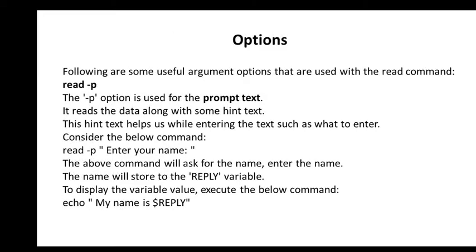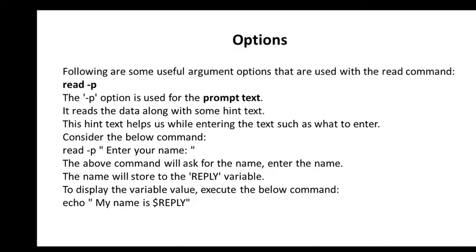Next, what are all the options in the read command? Following are some useful argument options that are used in the read command. read -p. The -p option is used for prompt text. It reads the data along with some hint text. This hint text helps us while entering the text, such as what to enter.